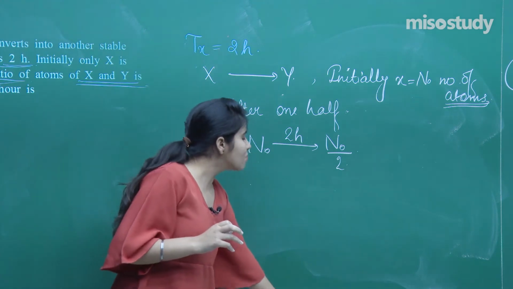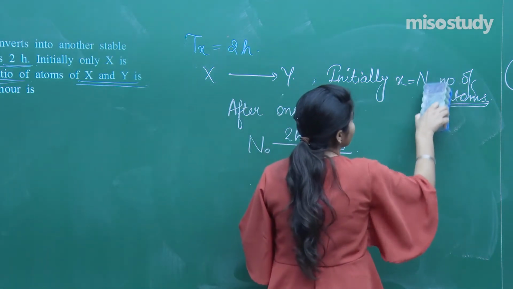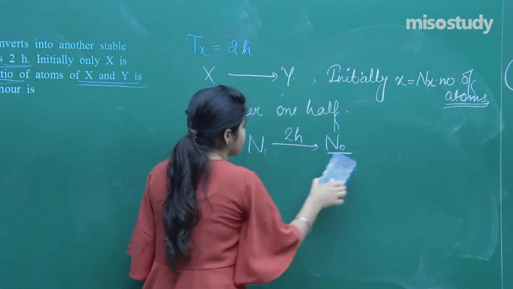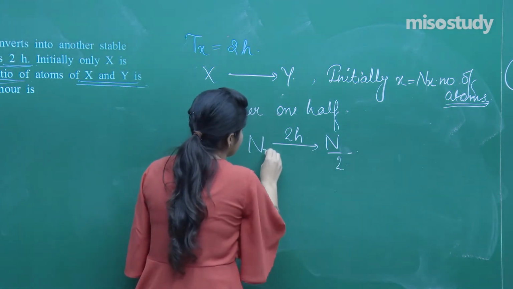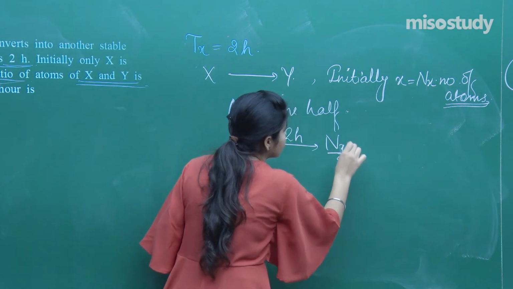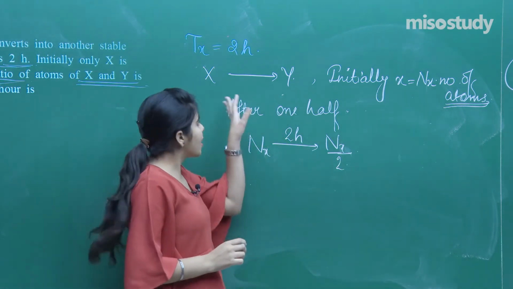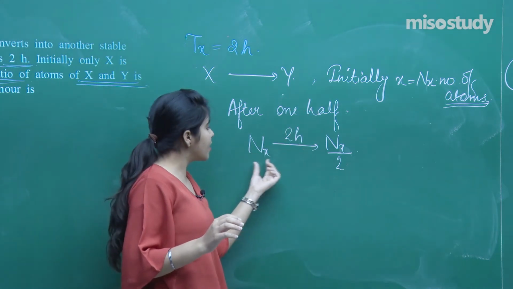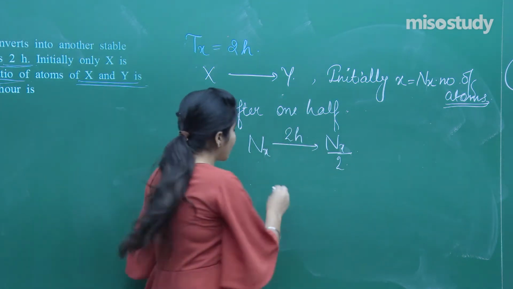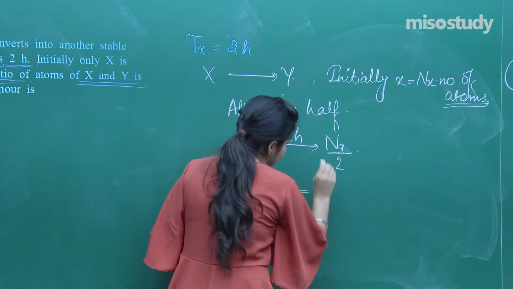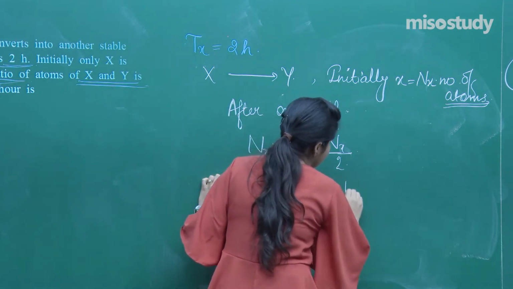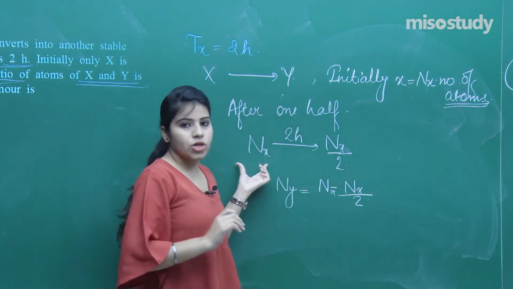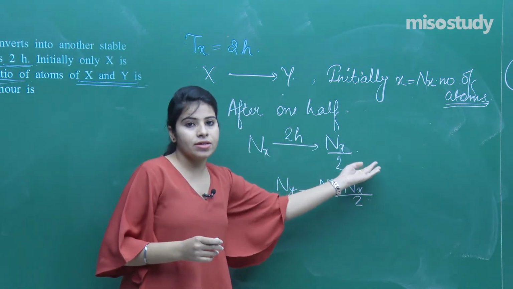Now let me write Nx in place of N naught, that will be easier for you to understand. Because X is being converted into Y, if Nx becomes Nx by 2, your Ny will be the remaining part.